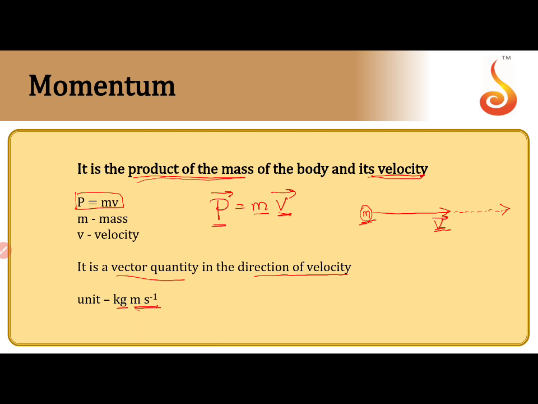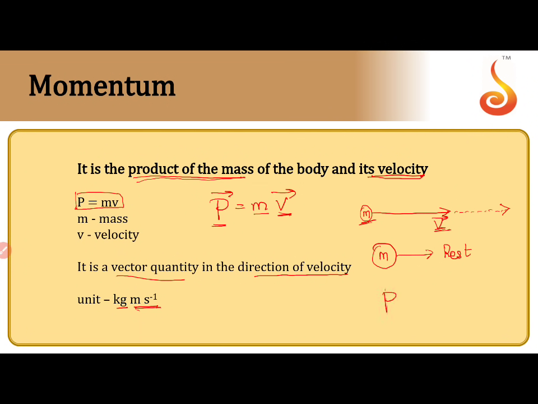Why is this momentum so very important? You remember we discussed inertia. There are three types of inertia: inertia of rest, inertia of speed, or inertia of direction. The mass of the body will determine inertia of rest.